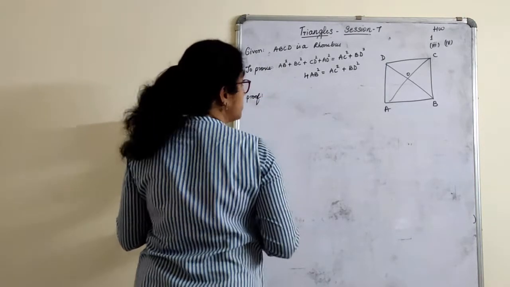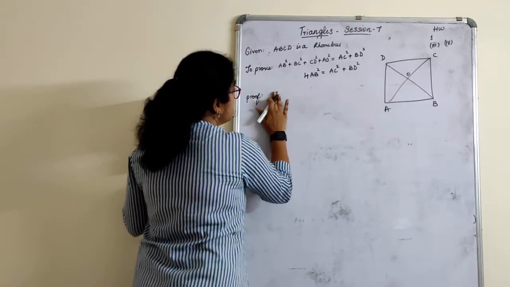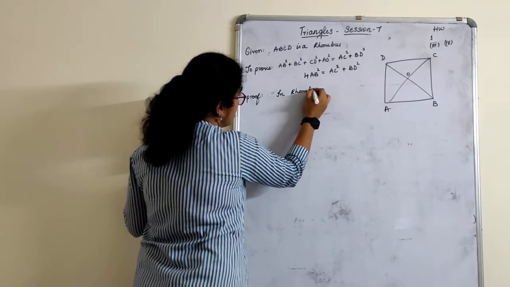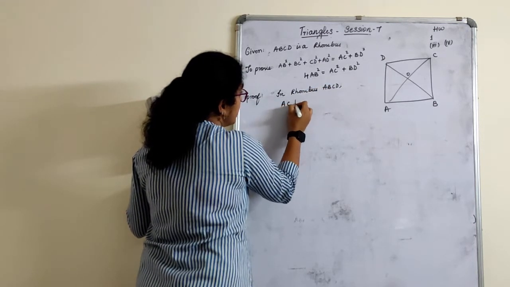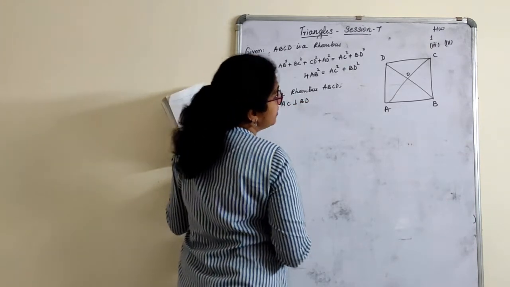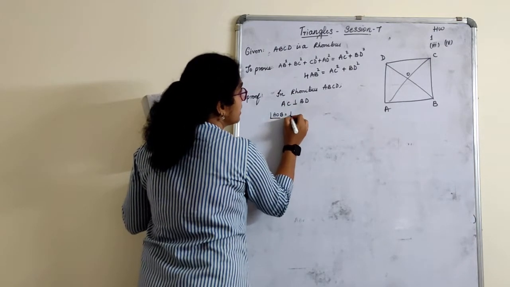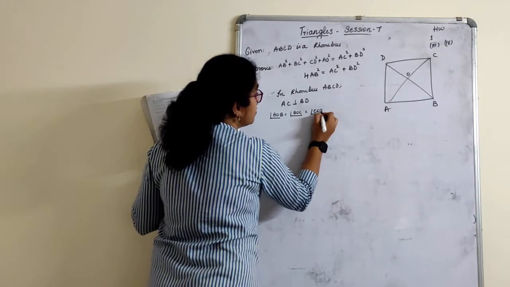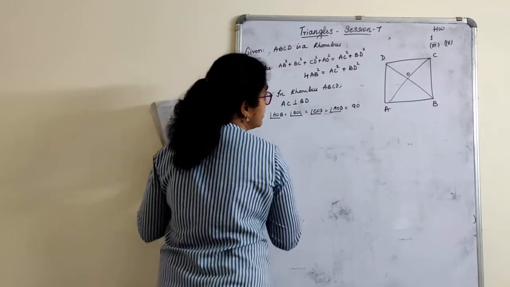So what we will do here is, now we know that in rhombus ABCD, AC is perpendicular to BD. We know that, right? So with this respect, angle AOB is equal to angle BOC is equal to angle COD is equal to angle AOD, that is equal to 90 degree.